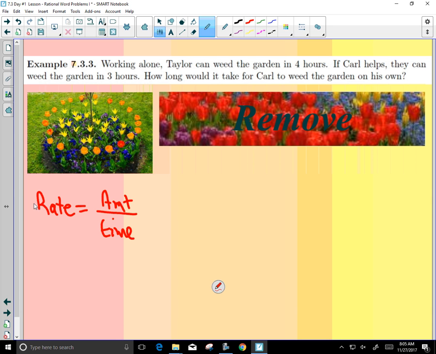Taylor can weed the garden in 4 hours. Well, what we're talking about is the weeds per what? For what in this problem? Hours, yeah. Does that help? That's a good start.